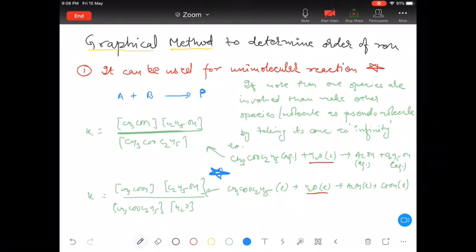It is very important, because here you can see I have taken water as excess. Here they are present, see, water acts as a medium here. Excess amount of water I have taken.